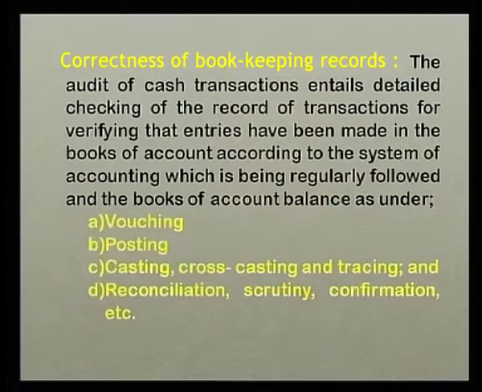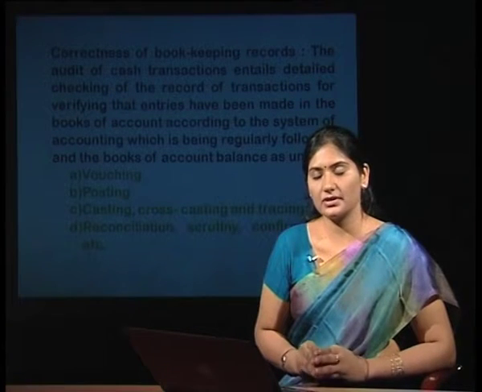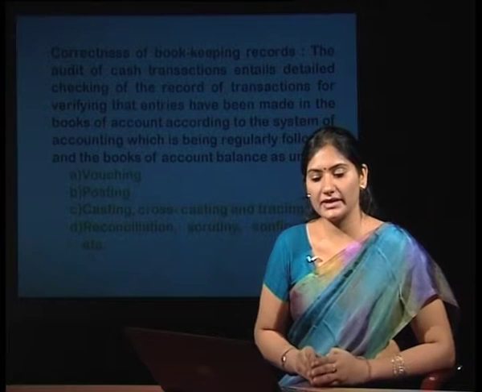Correctness of bookkeeping records. The audit of cash transactions entails detailed checking of the record of transactions for verifying that entries have been made in the books of account according to the system of accounting which is being regularly followed, and the books of accounts balance, that is, vouching, posting, casting, cross-casting and tracing, reconciliation, scrutiny, confirmation, etc. So, the correctness of bookkeeping records will depend on whether the vouching has been done properly, the posting of the entries into the accounts is proper, the casting, cross-casting and tracing also have been done in a proper manner, and there is proper authorization for all the expenses.